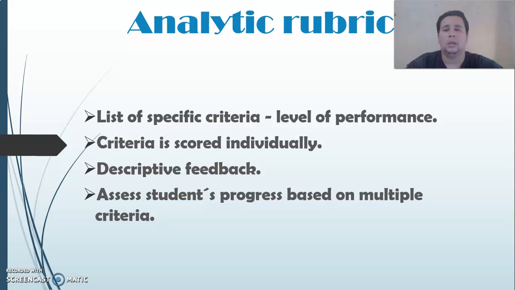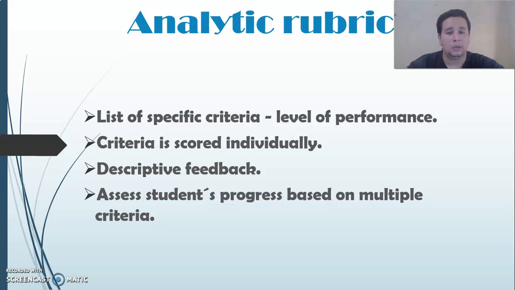We have another kind of rubric. We have the analytic rubric. We can consider an analytic rubric as a list of specific criteria, each one with its corresponding level of performance. As I said before, for example, if we want to assess a speaking test, we have maybe the content.